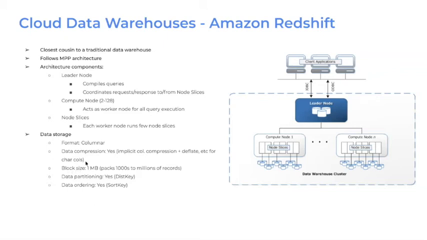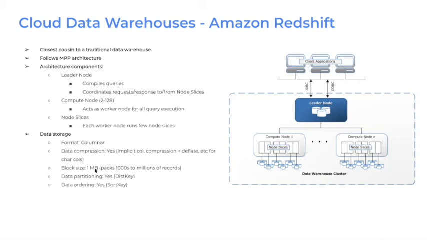This data is kept in data blocks which are compressed. In a single MB block, thousands to millions of records can get compressed. What I mean is that a column is stored in a particular block, and those are the 1,000 to millions of values of that column in that one MB block.